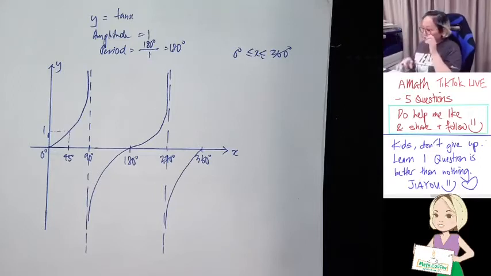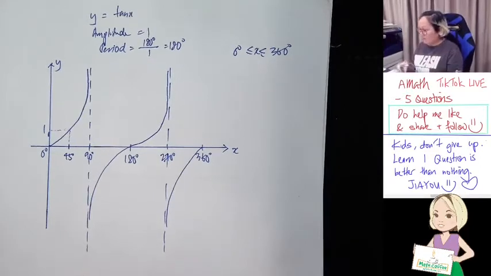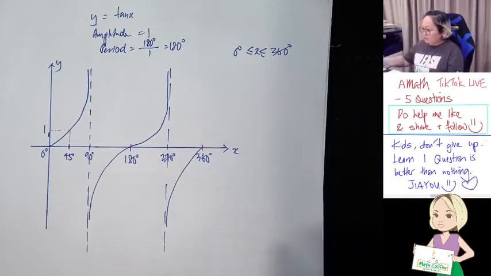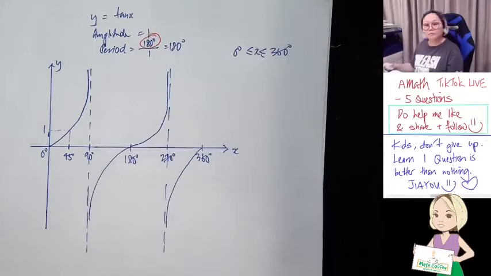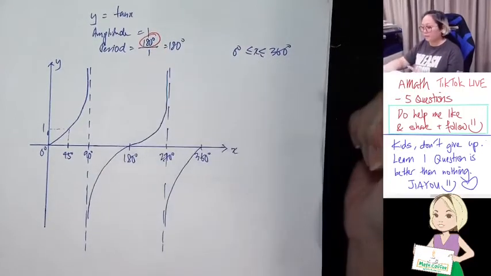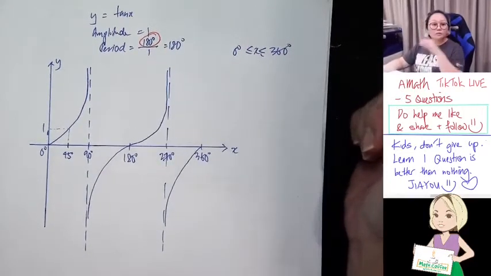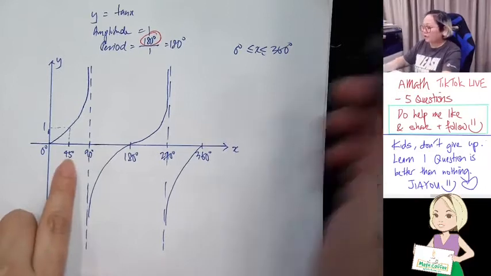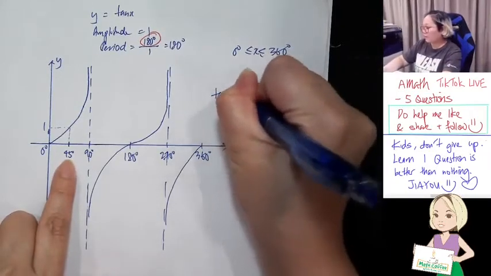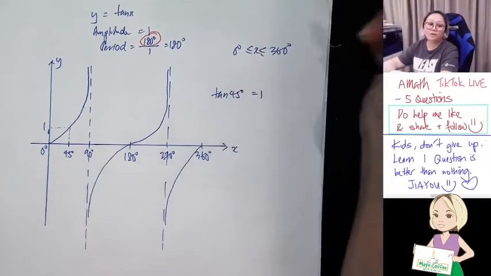Okay? So this is how you draw the tangent graph. Take note, I will highlight here. This is for tangent. All good? The amplitude for tangent is simply tangent, because we know all along that tangent 45 degrees equals 1, agree?